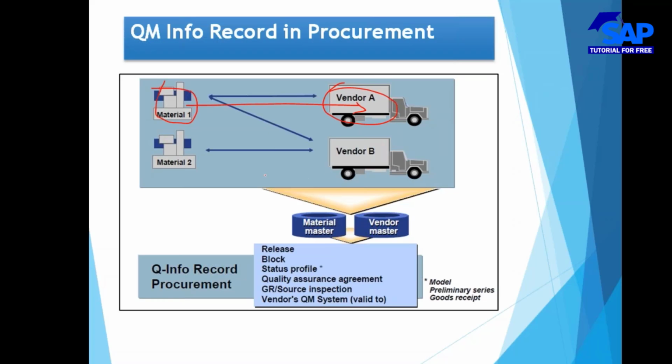Now if you see here, material 1 can be procured from 2 vendors, but material 2 can be procured only from vendor B. So for material 2 and vendor B combination, you have to create an info record. For material 1, you have to create an info record for material 1 and vendor A combination, and along with that material 1 and vendor B combination. 2 QM info records you have to create as per the vendor release process.